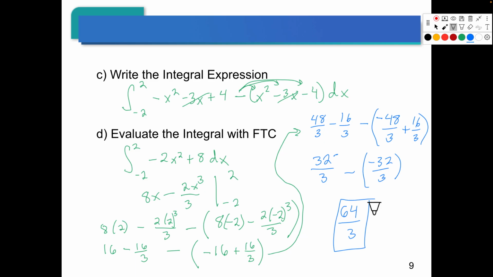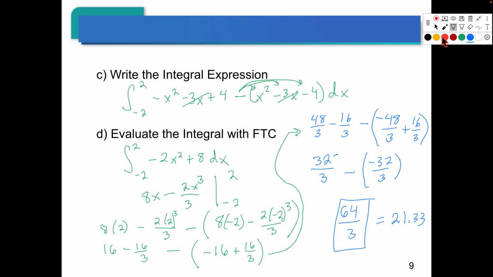Let's turn it to a decimal so that we can check it with the technology as well. 64 divided by 3, 21.333. I think that's what we ended up with.